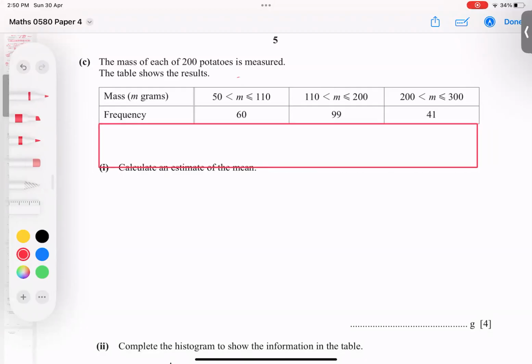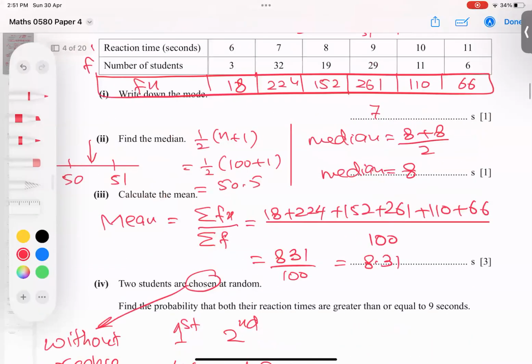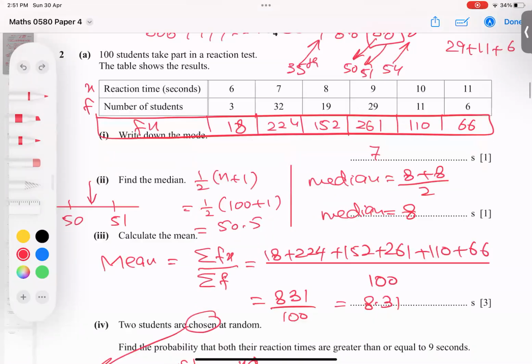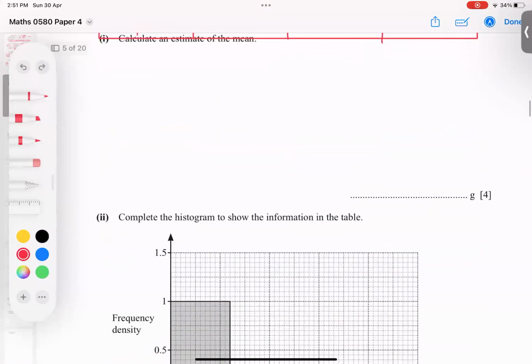And what is the technique to do it? First is called frequency. F is frequency, but we often use the FX formula. You remember we did the FX formula even here. This is sigma FX by sigma F. So how can we do this one?